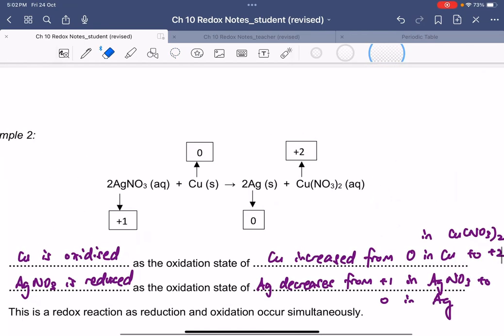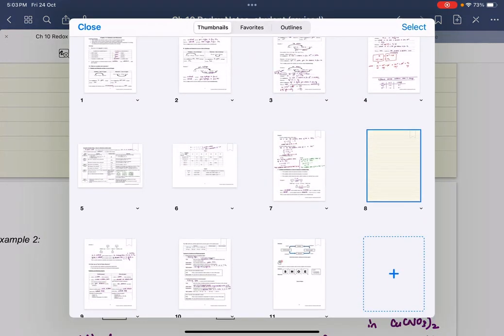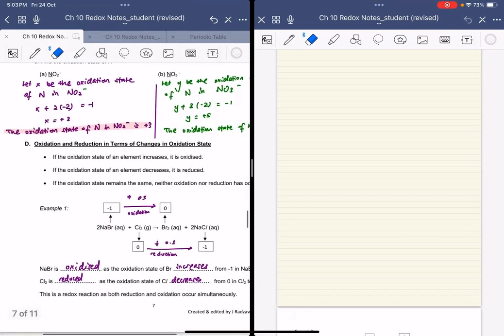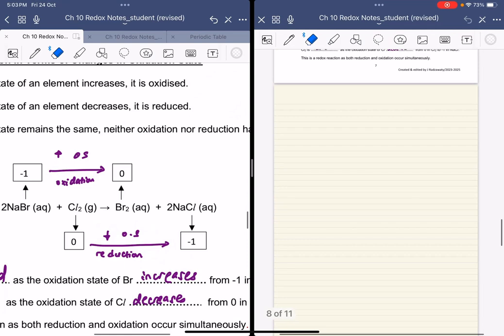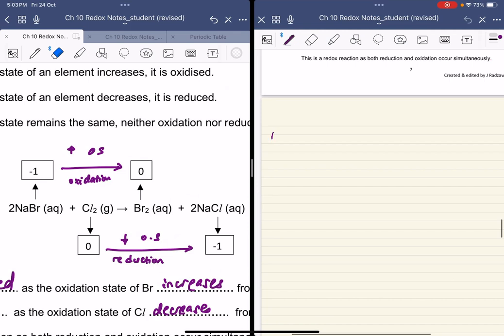It means that, for example, I am going to give you one example here to make it more clear for you. If I know that my sodium bromide and my chlorine give bromine gas plus 2 sodium chloride, from here to here, this one is a bromide and this one is a bromine.